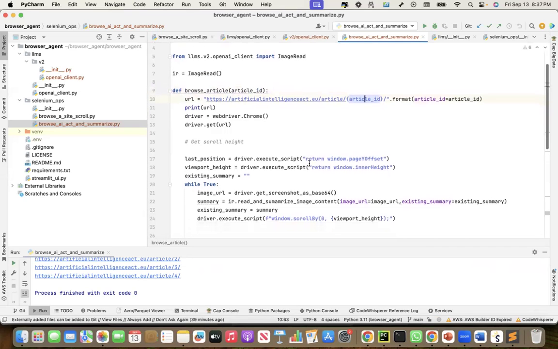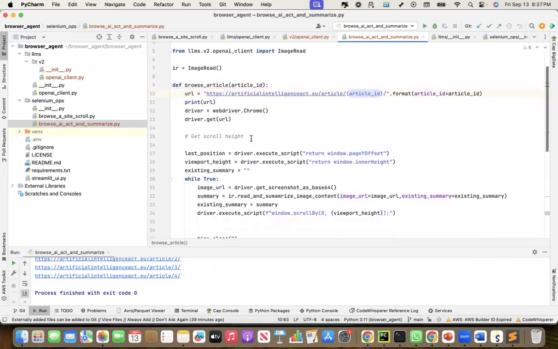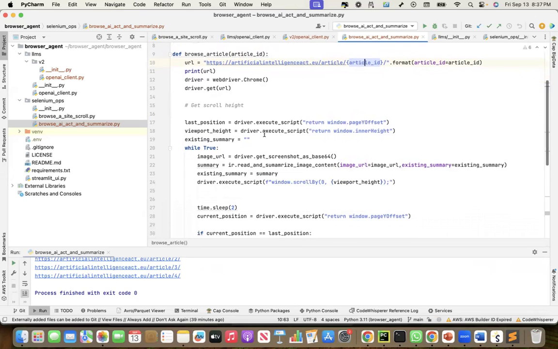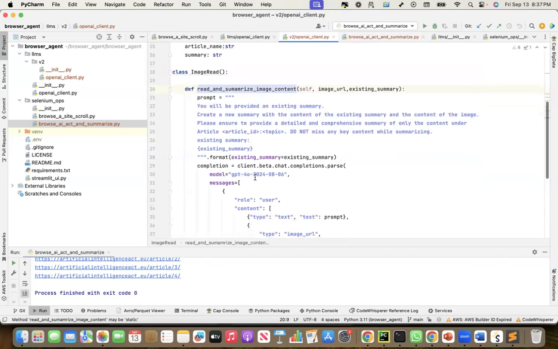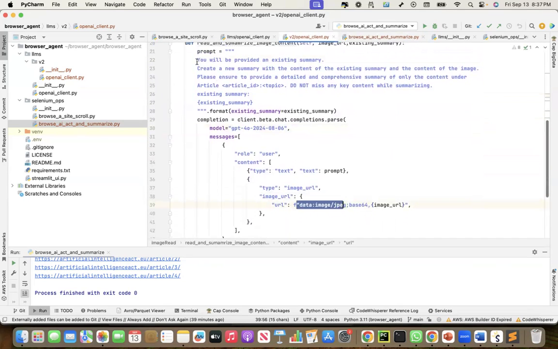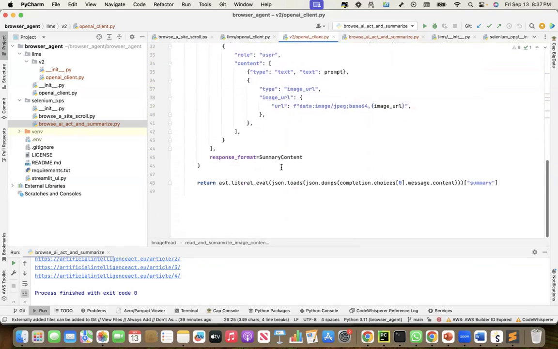For each article, Selenium creates the Chrome driver and then opens the URL. Then this code is what is actually scrolling, and here I'm taking the screenshot through Selenium, converting it to base 64, and passing it to GPT-4o, the vision model. This is where I'm passing the image and telling it to summarize it, and then returning the summary.